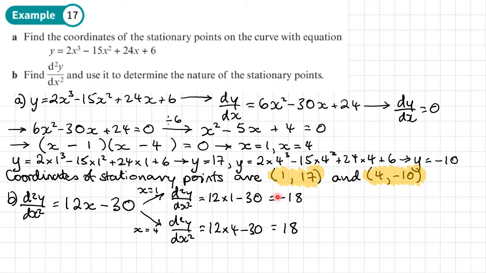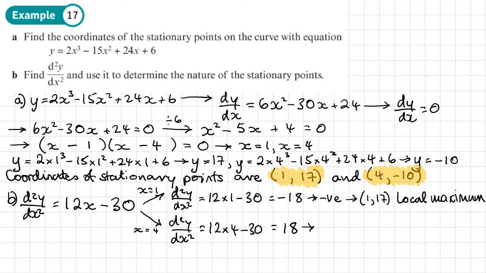Right, so because the second derivative here is negative, that tells us that when the x value is 1, we have a local maximum. So at the coordinate (1, 17), we have a local maximum. It's always the opposite to what you think. Negative is maximum, positive is minimum.